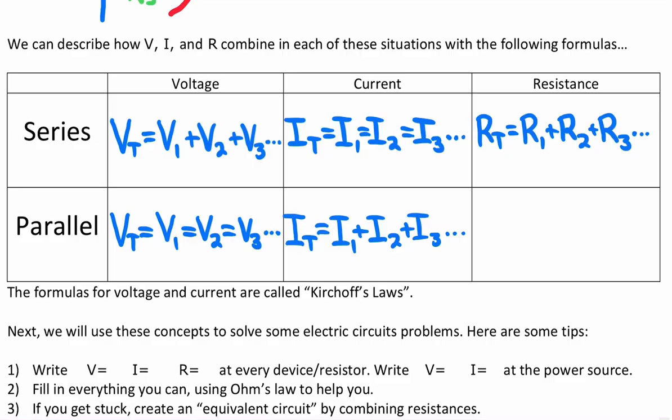And so we're starting to see some symmetry here. In series, the voltages all add and the currents are all the same. Whereas in parallel, the currents all add and the voltages are all the same.